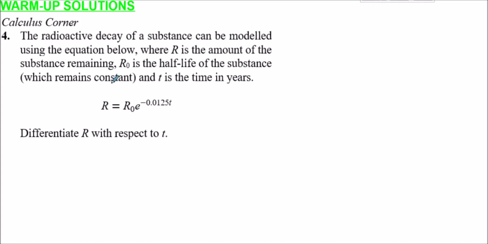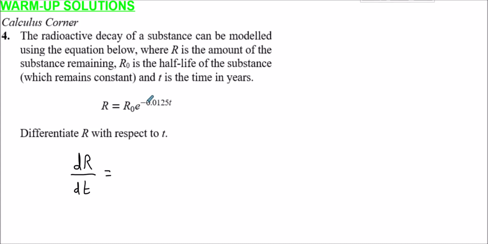So you've got all this explanation, but actually the question just boils down to find dr by dt, differentiate r with respect to t. That's just a bit of colour to it. So from last lesson, you should remember that when we differentiate an exponential, where it's to the power e, any constant before the variable gets brought down to the front and multiplies any coefficient before the e.